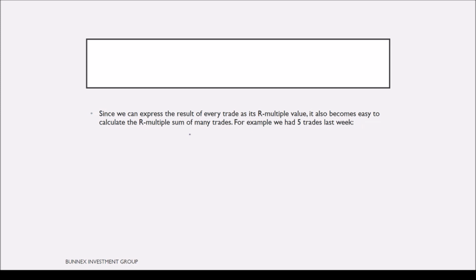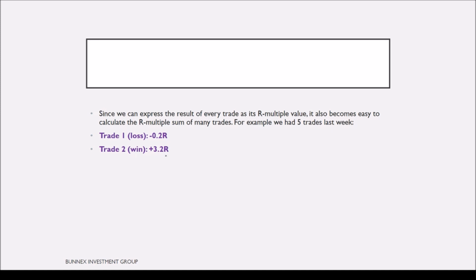For example, we had 5 trades last week. Trade 1 was negative 0.2 R. It means we actually cut the loss after we saw violation of our setup. That is why this didn't reach minus 1R. Then trade number 2 was a win, which is plus 3.2R.